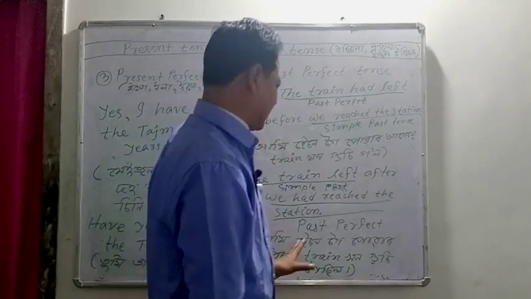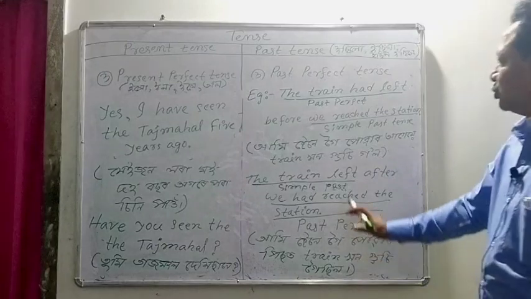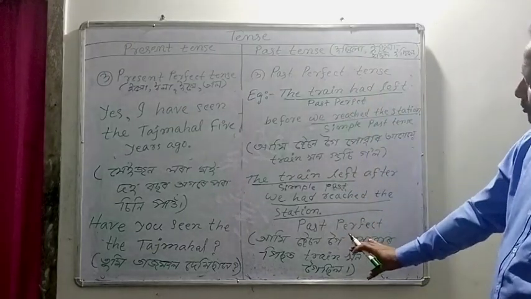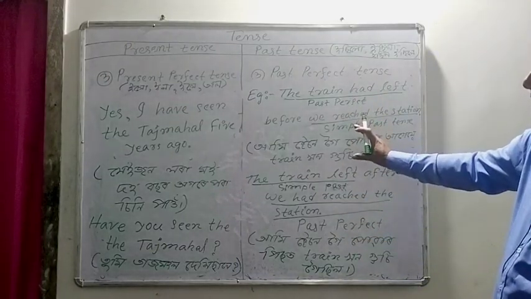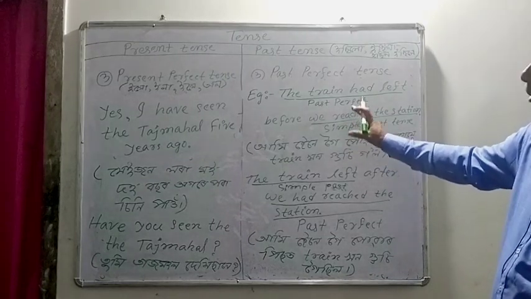The opposite way. Here, the opposite way of the sentence. If you observe here, you can understand all the things, that what the uses of past perfect tense.